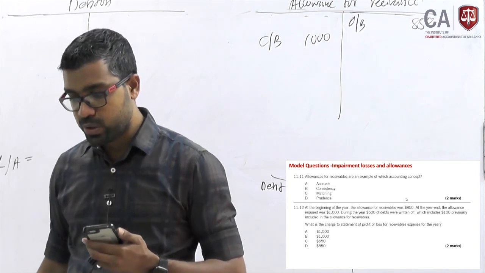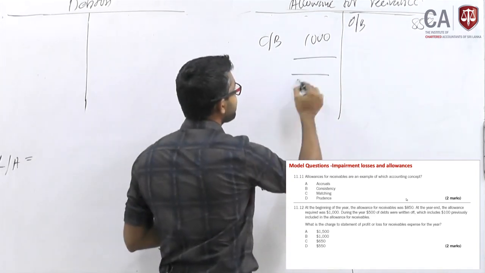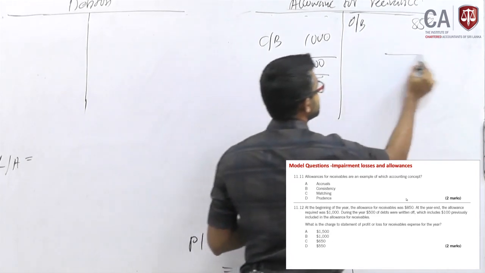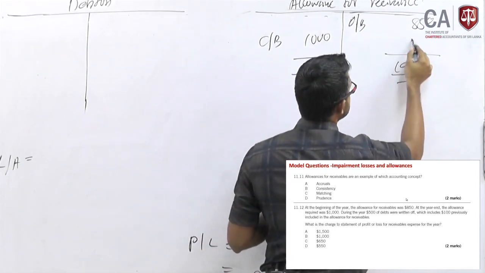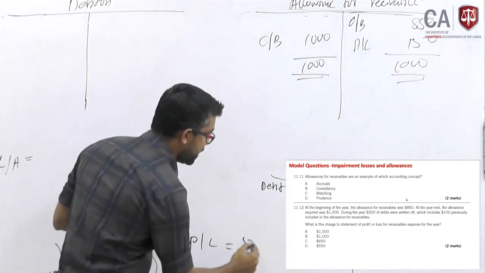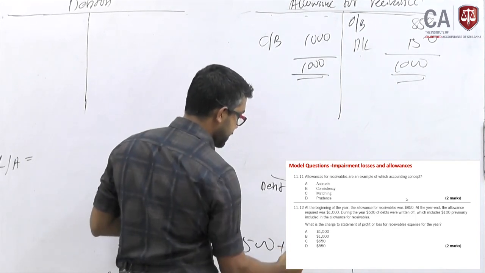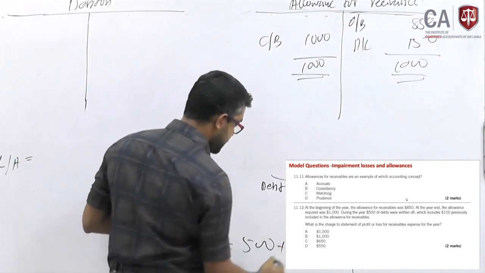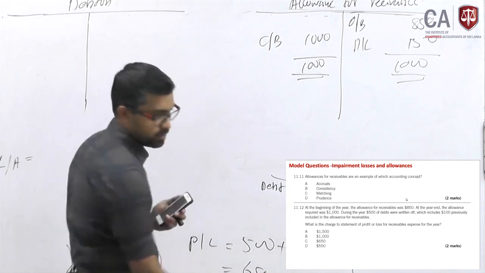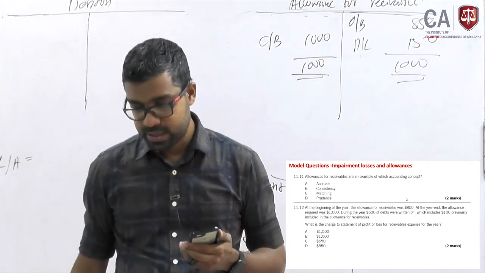What is the amount you charge to P&L? 100 put into it, it's no use for us, right? 1000. P&L goes 150, so 500 here credit, debit P&L adds 150, 650, right? Answer is 650. Yeah, answer is C.